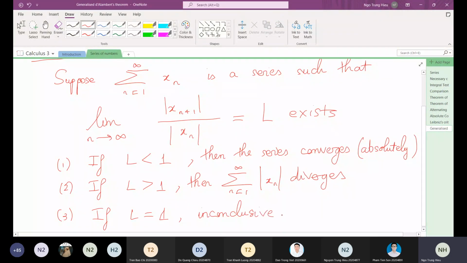It's inconclusive, right? We cannot say anything about this case. So it is a generalized D'Alembert theorem.